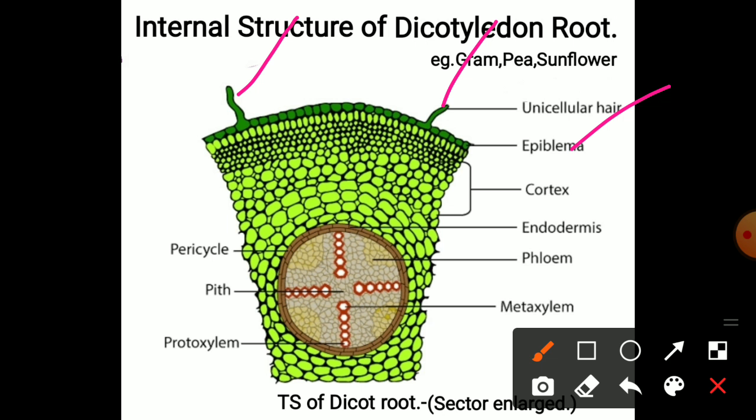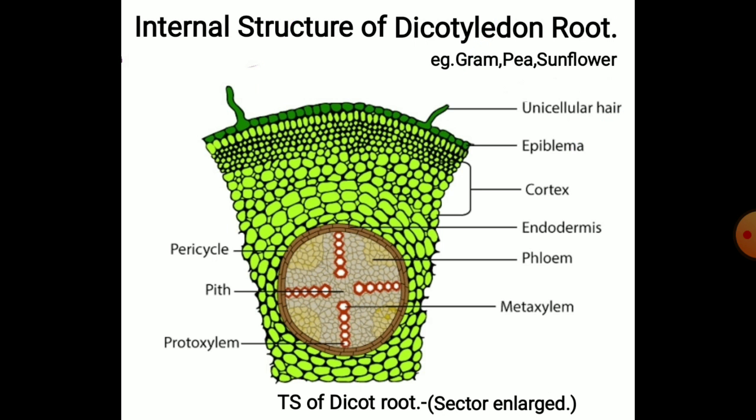Now, this is the outermost skin and it performs the function of protection. So, in addition to protection as the principal function, this outermost covering, the epiblema, performs the function of absorption of water with the help of the root hairs developed from the epidermal cells.